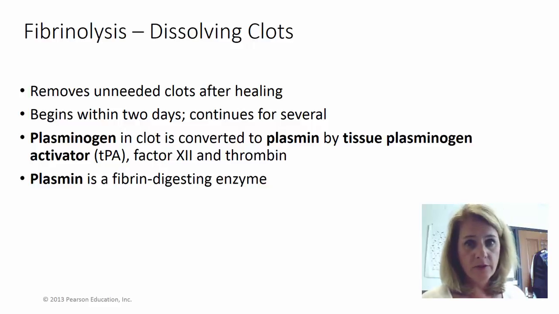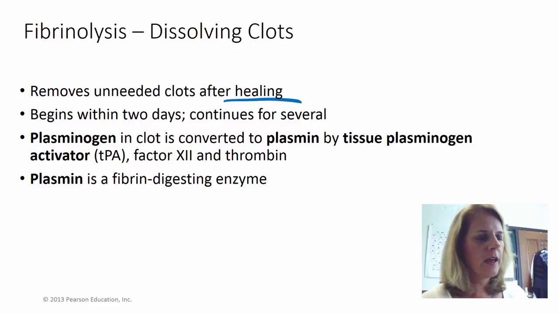Now, you don't want this clot forever. You need to get it out of the way because you don't want to have any kind of clot that would impede blood flow to an area and cause something to become hypoxic or ischemic. So you need to get rid of it after it's healed. And usually within 48 hours, you're going to start to get rid of that clot.